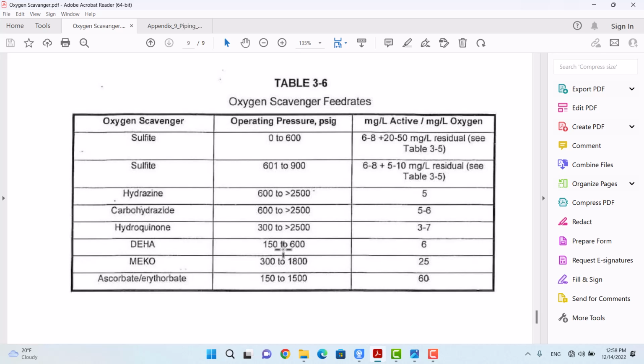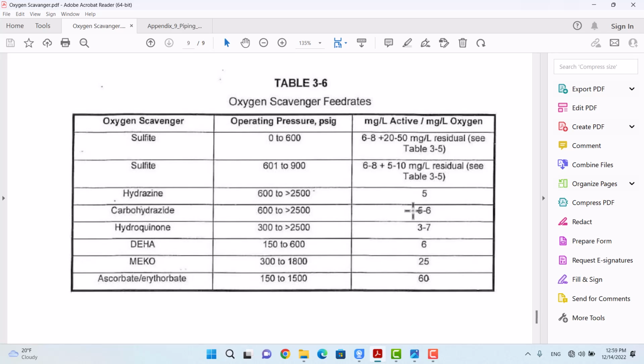The second reason is that I can justify my replacement. How? There is not that much difference between the consumption rate of carbohydrazide and DEHA. In fact, at some point I might even be able to optimize the consumption rate, and in fact reduce the cost of chemicals used for removal of oxygen.